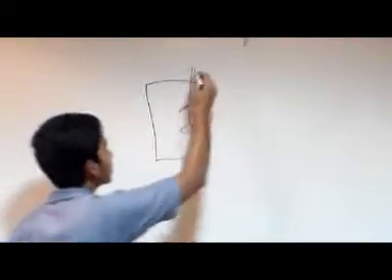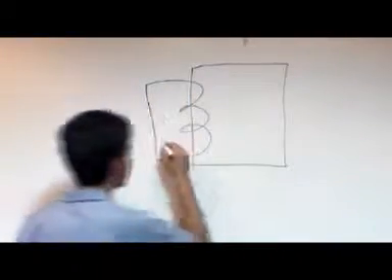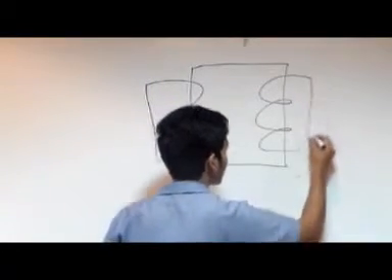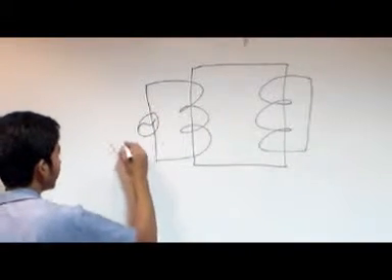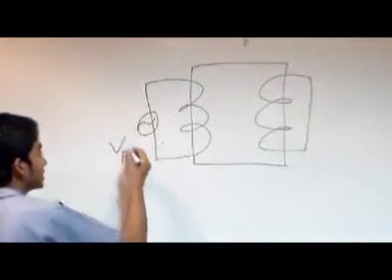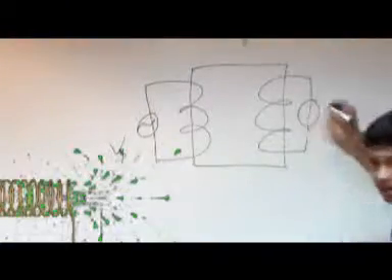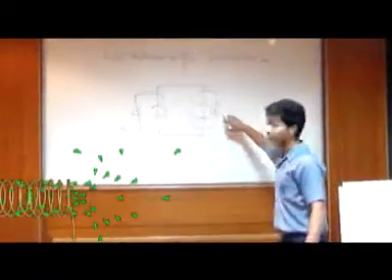This is the diagram of a transformer. Here, this is the primary coil, and over here I am showing you the secondary coil. The primary coil gets an input from the AC source, that is Vp, the primary voltage, and the secondary coil transmits a voltage that is Vs. Now this voltage is used in our devices.